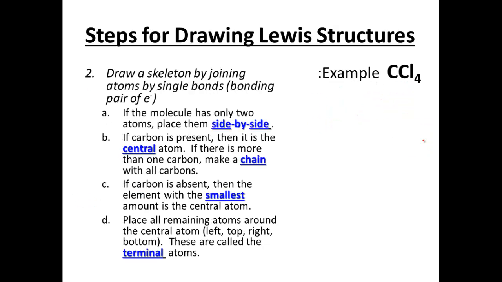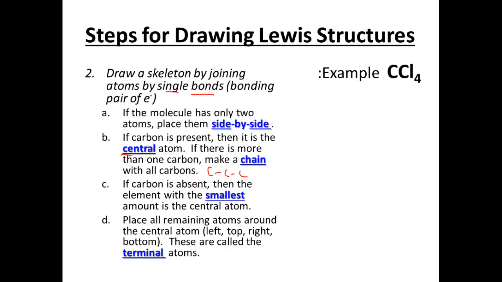Keeping that in mind, our second step says we're going to draw a skeleton by joining the atoms using single bonds, or a bonding pair of electrons. If the molecule only has 2 atoms, they're placed side by side. If carbon is present, it's the central atom. If there's more than 1 carbon, we're going to make a chain of carbon, so it kind of looks like carbon, carbon, carbon.